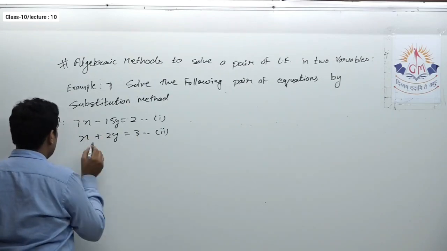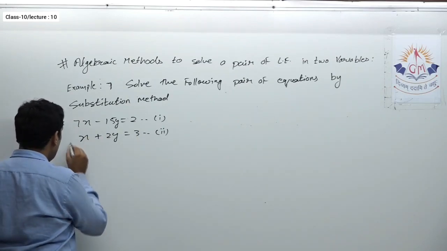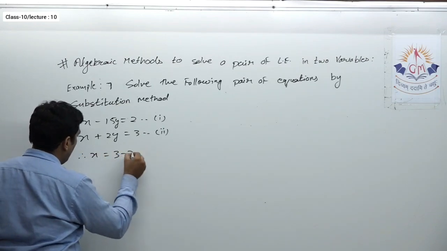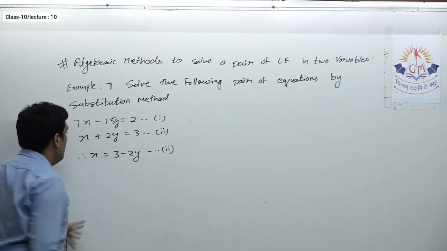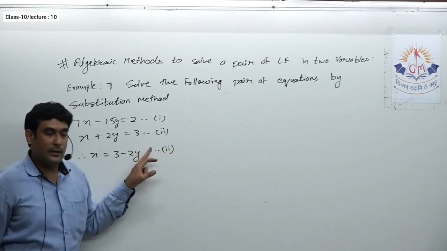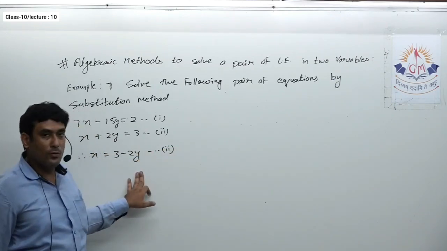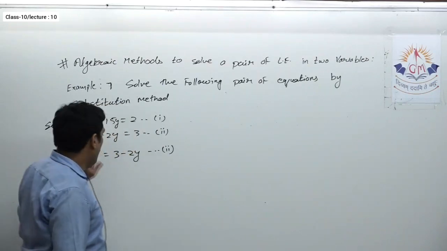This is equation 1, equation 2. Further I can write x is equal to 3 minus 2y, and let it be equation number 3. Simply I took 2y to the other side and I got x equal to 3 minus 2y. Now what I have to do?